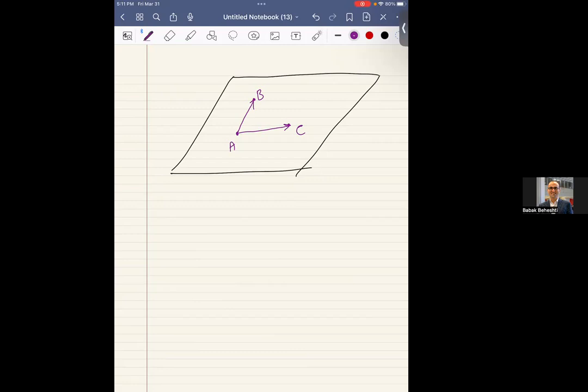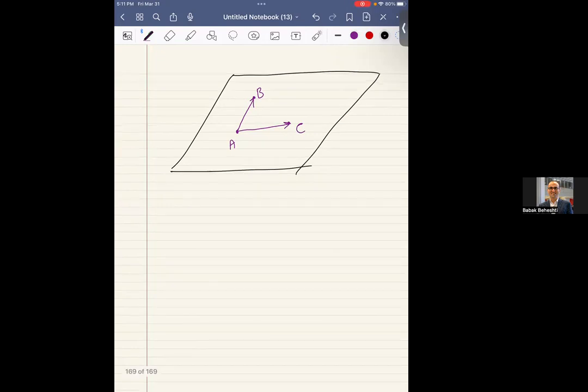So given any three points not on the same line, you can find a plane that contains them: if you have A, B, C, then the two direction vectors of the plane are AB and AC. So U equal to AB and V equal to AC are two direction vectors.